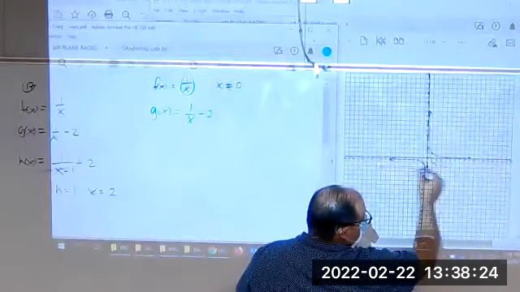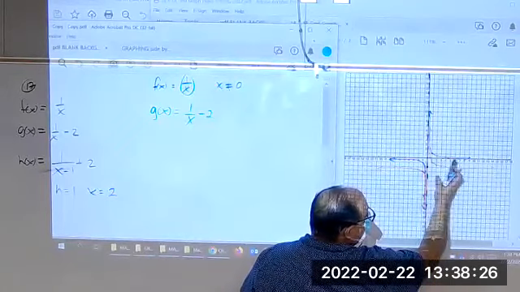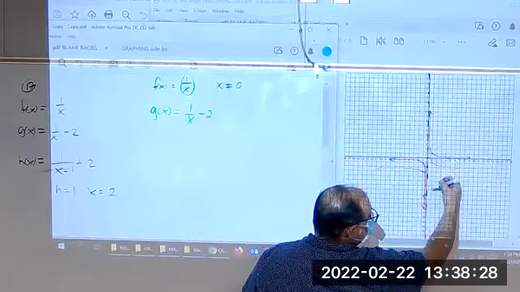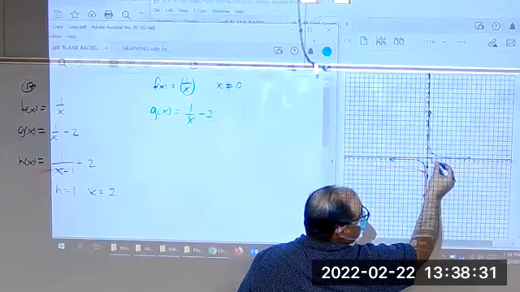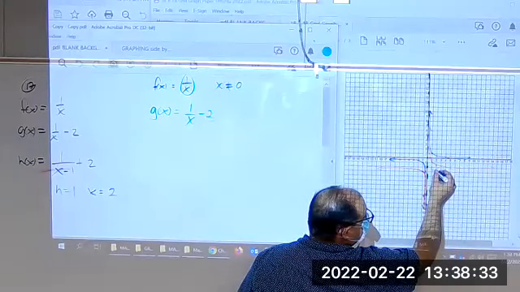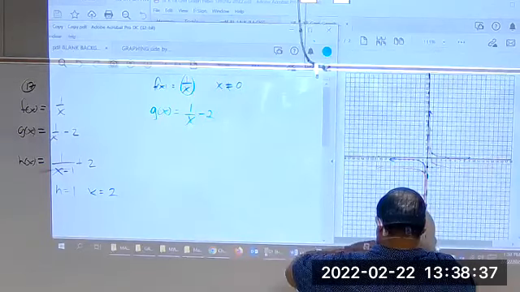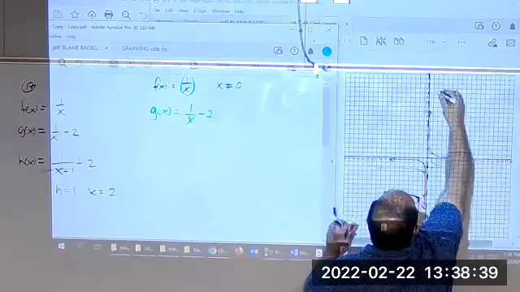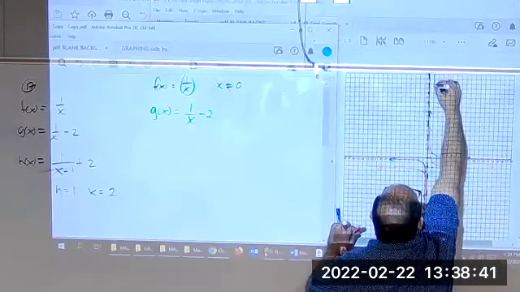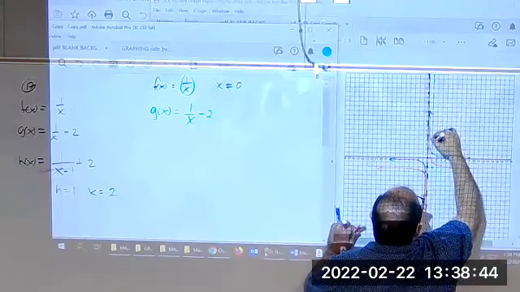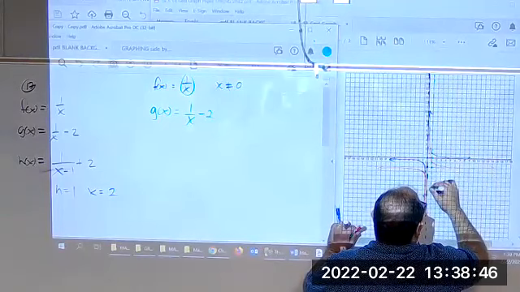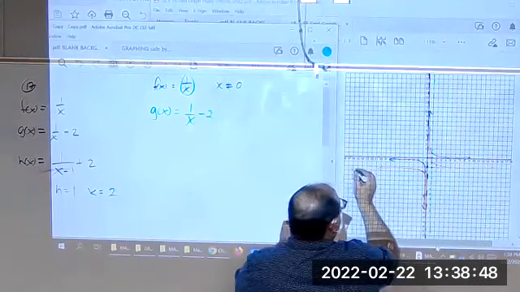It was down here at 0, -2. The x's didn't shift, but the y shifted down too. Now you got to shift the x's 1 to the right and then down 2. So now the asymptote is going to be here. And it's going to be here again.